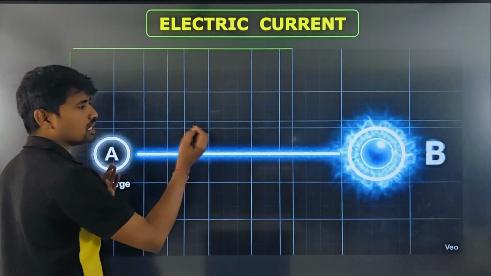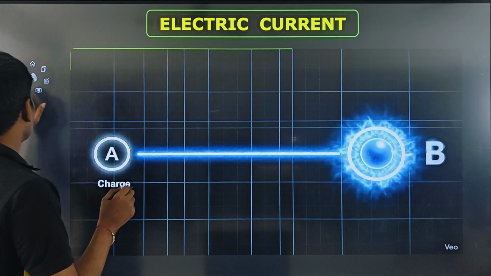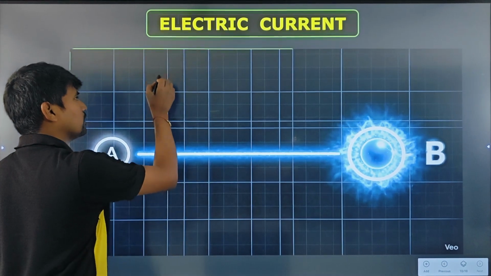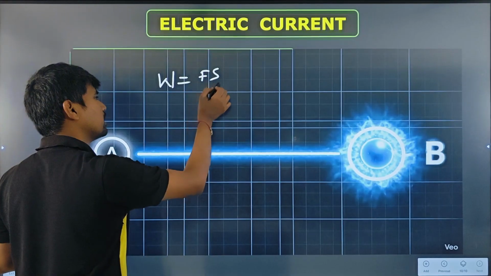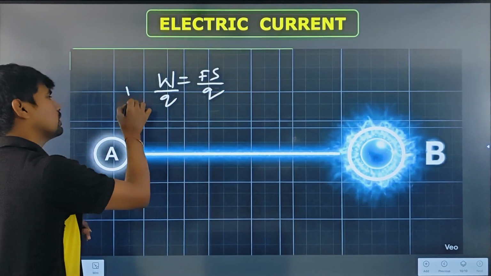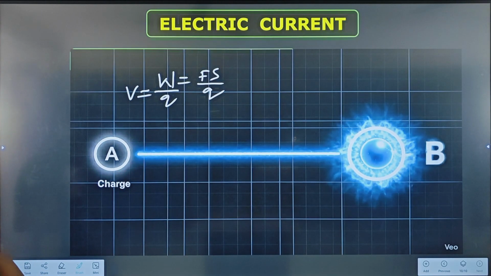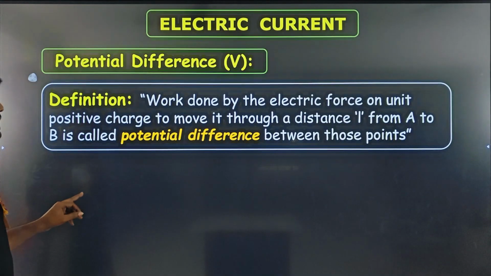To shift a charge from one point to another, work should be done, and that work is F into S: force is applied and there is displacement on charge Q. So W by Q is nothing but voltage V. I hope you understood. Go to the next slide.